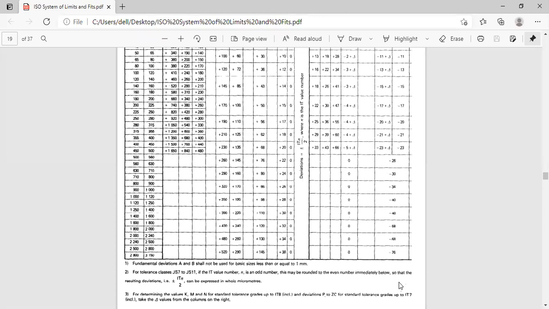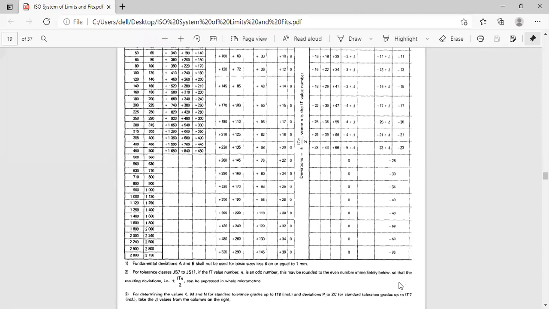So what he has told is, if the IT value number n is an odd number, this may be rounded to the even number immediately. He has only told plus or minus IT n by 2. So what is this? It is represented in microns or micrometers.